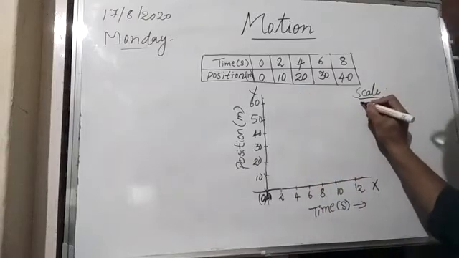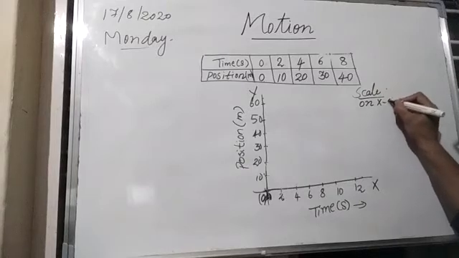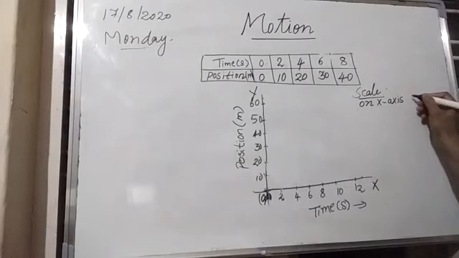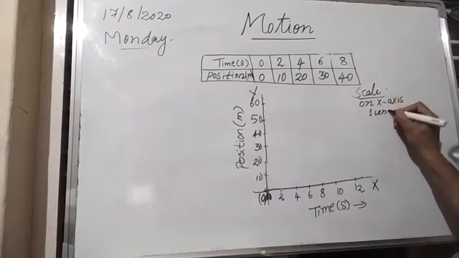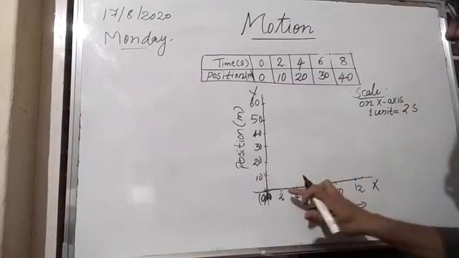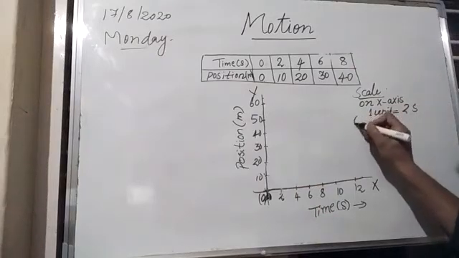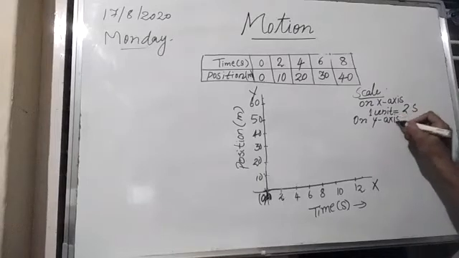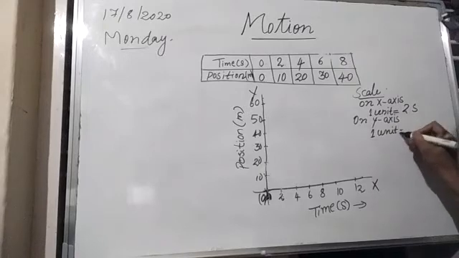On the scale we have to write what we have taken on the x-axis and how much each unit is. On the x-axis, 1 unit on the graph paper represents 2 seconds. That is what I have written here. And on the y-axis, 1 unit represents, what does it represent? 1 unit.